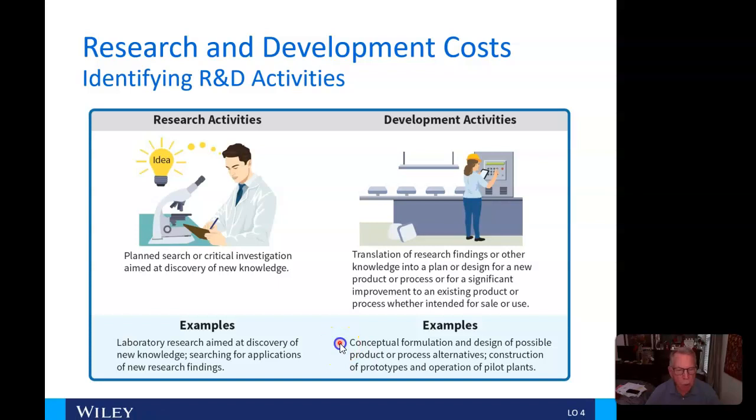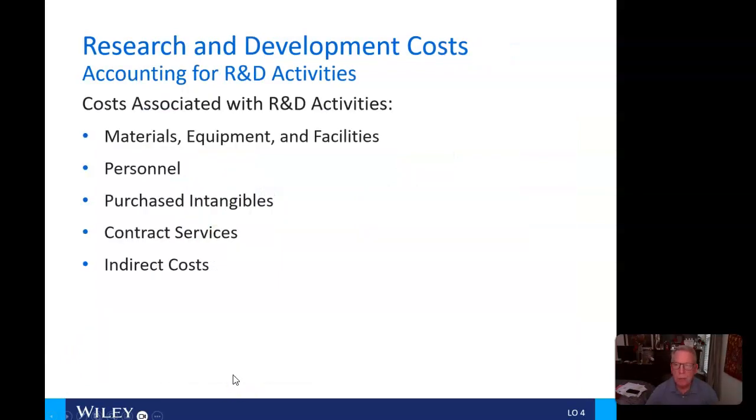This is the conceptual formulation and design of possible product or process alternatives, construction of prototypes, and operation of pilot plants to get those research findings into practice. The costs associated with R&D include materials, equipment, and facilities, personnel, purchased intangibles, contract services, and indirect costs.